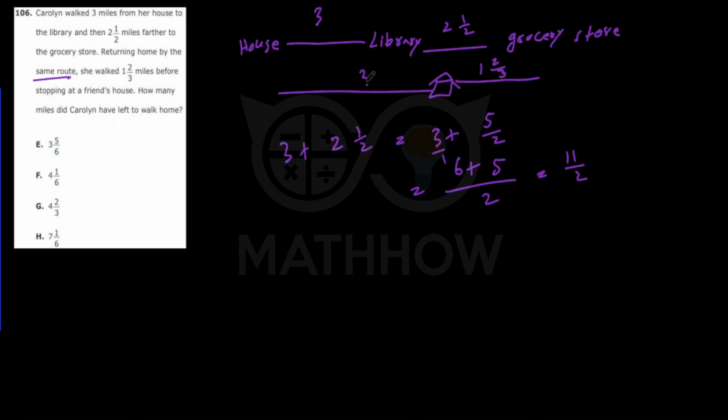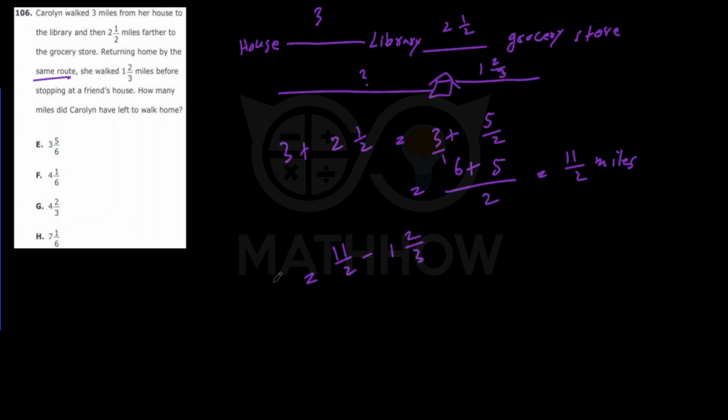And since both routes have the same distance, so this distance is equal to this distance, we need to find this. So subtracting this distance from the total distance, the total is 11 by 2 miles. 11 by 2 minus 1 and 2 by 3.